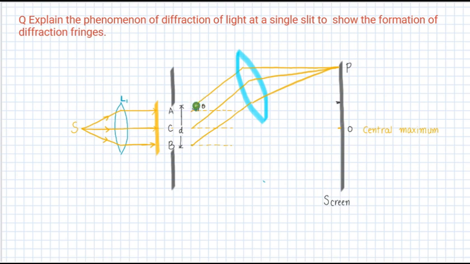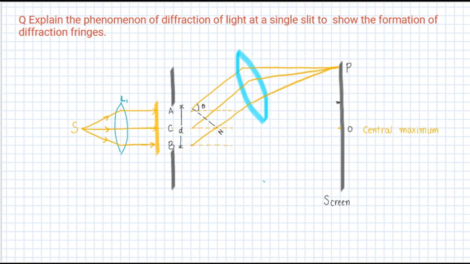Fine, this is your normal. Now again, if the light started from this point and if the light started from this point, the light which goes from here and the light which goes from here travel the same path. But if you see in the case of this third ray, you will see an extra path difference.